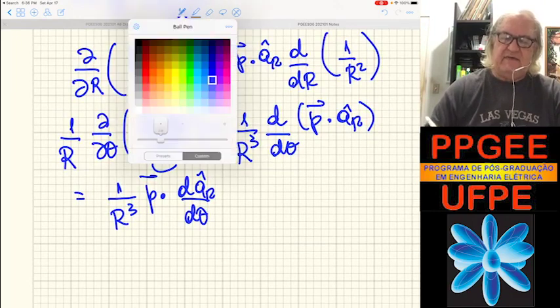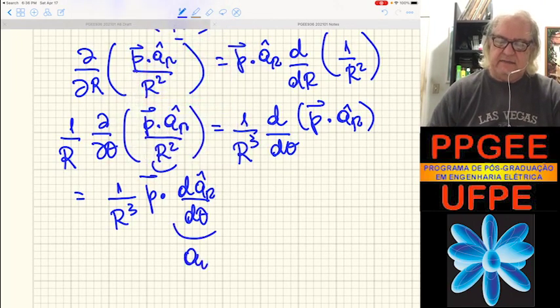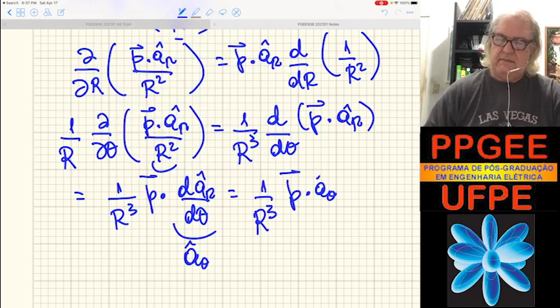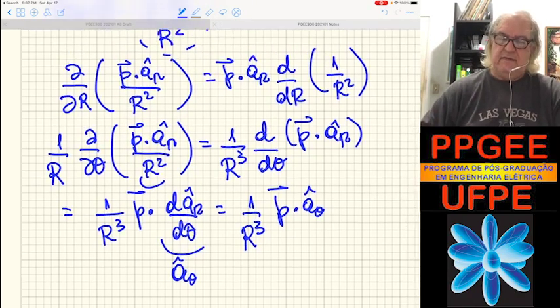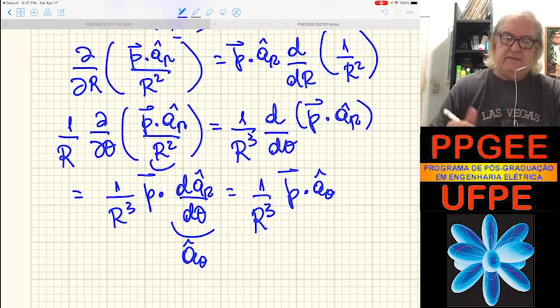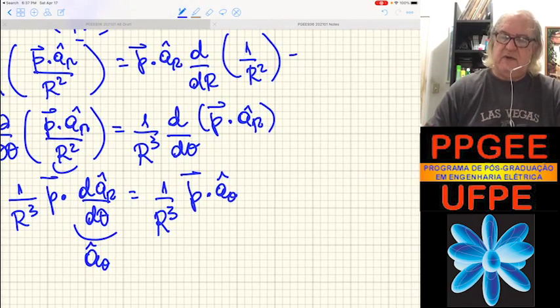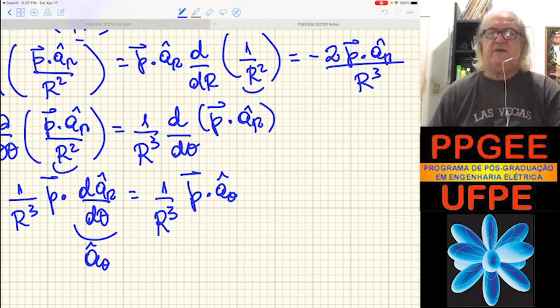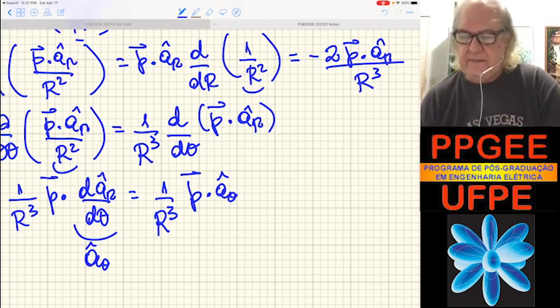This is the derivative of a_R, which is a_theta. The first term, which I didn't calculate, is minus 2 P a_R over R cubed, because the derivative of R to the minus 2 is minus 2 R to the minus 3.